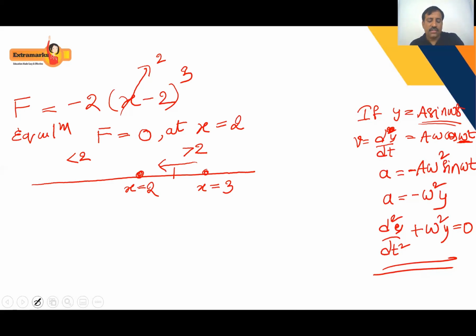The force is acting on the negative side. Now if you go for x is equal to 1, you see 1 minus 2 whole cube, that is minus 1 whole cube, that is minus 1. Minus into minus gives plus 2. It means the force is acting in this direction.